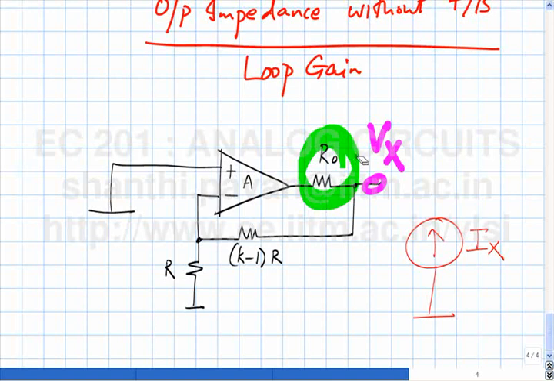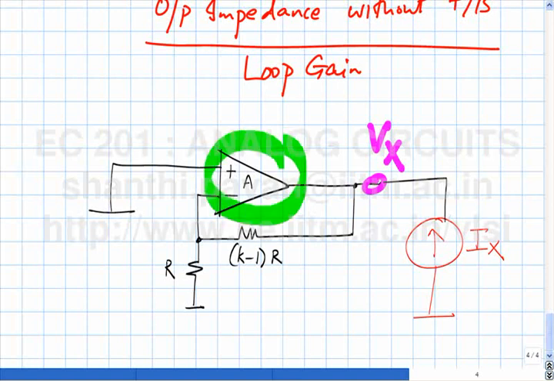Now, if R0 was 0, that is, you had no output impedance, and I pumped the current into Vx like this, what do you think would happen to Vx? It will remain 0. Why? Because this is a voltage source with 0 output impedance. So all this current Ix will simply flow into the amplifier A. The output impedance is 0, the voltage will not change.